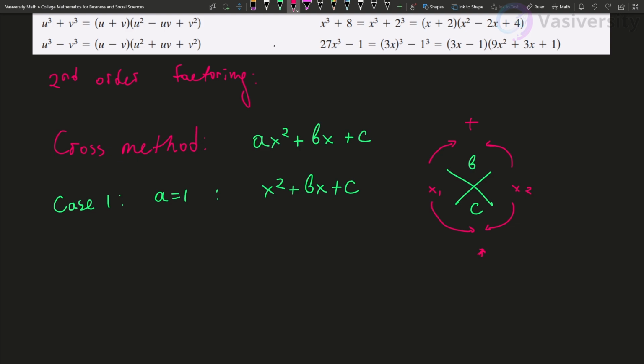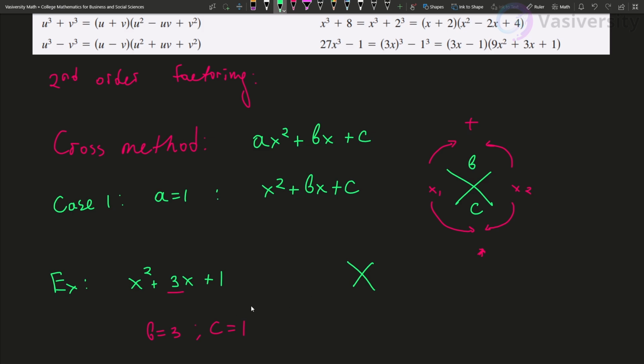We can possibly do one example here. Let's say x squared plus 3x plus 1, and I'm going to use the cross method. So b is equal to 3, c is equal to 1.